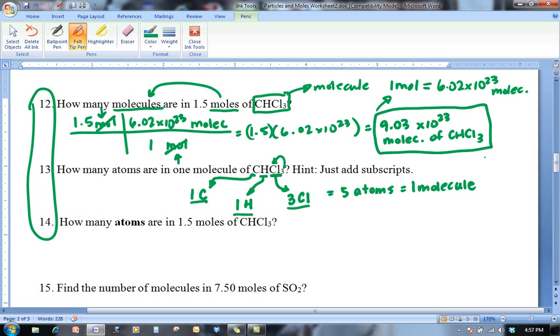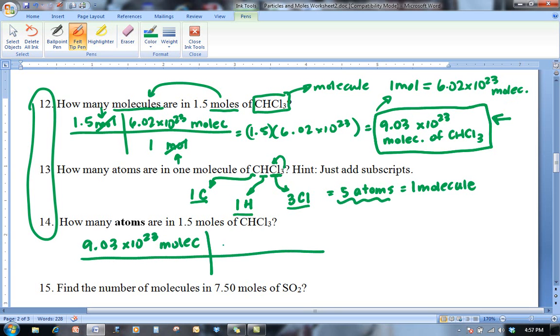So in number 14, my question is, how many atoms are in 1.5 moles of CHCl3? Well, I've already figured out that I have this many molecules, 9.03 times 10 to the 23rd molecules of CHCl3, and I also know that I've got 5 atoms in each molecule, so I can make my dimensional analysis grid. I can put one molecule here at the bottom. I can put 5 atoms at the top.